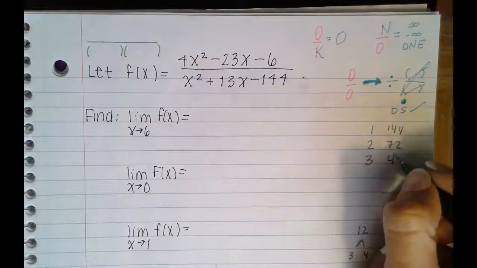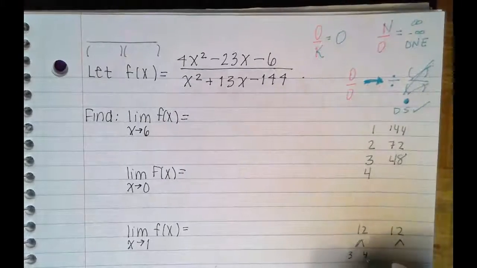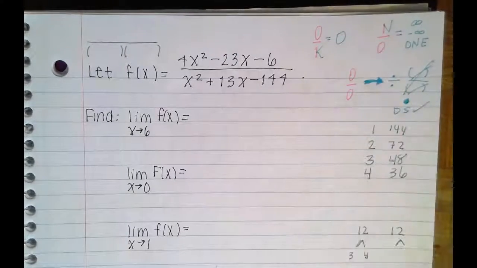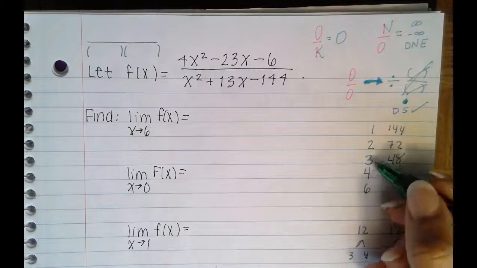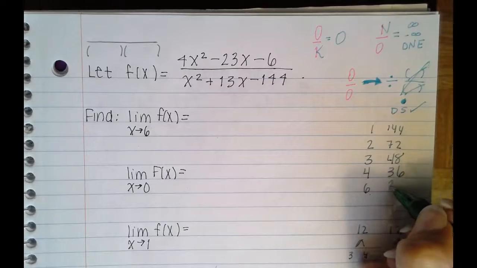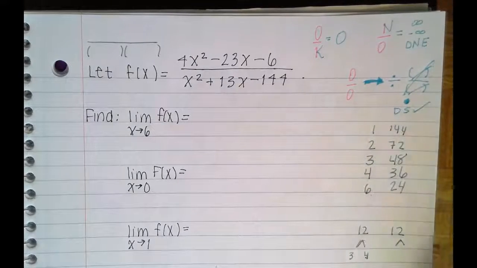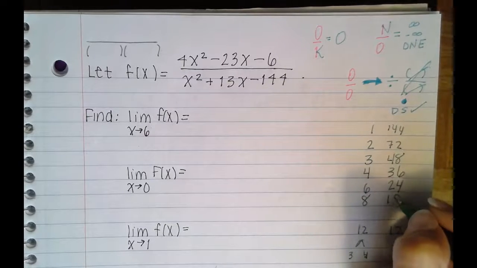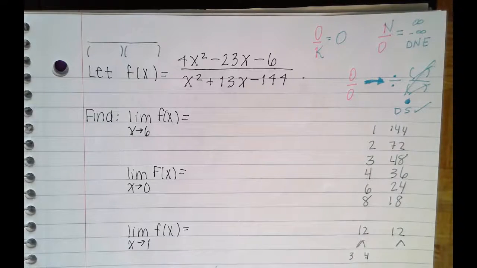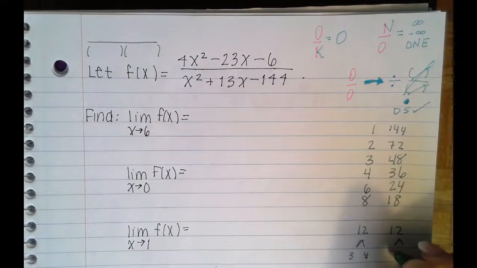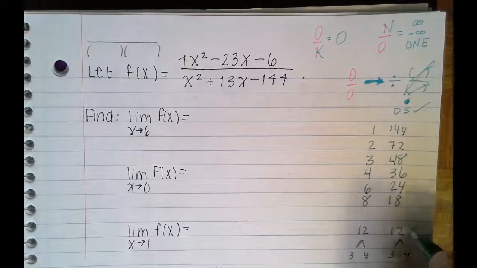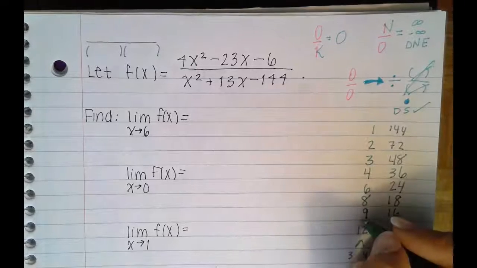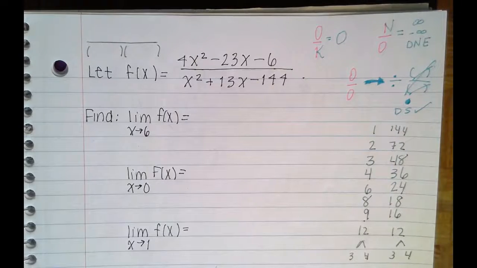Okay, 4 times what? 4 times 36. 5 is a no. 6 does work. 3 times 2 is 6, so 48 divided by 2 is 24. 7 will be a no. 8, 4 times 2 is 8, so 36 divided by 2 is 18. 9 will work because 3 and 3 is 9, so 4 and 4 is 16, so 9 and 16. 10 no. 11 no. So there we go. That's my list.